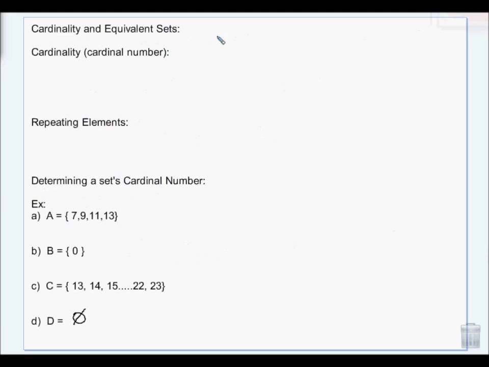Basically, that's the number of elements in a set. Okay, and we indicate cardinality. If I wanted to say the cardinality of set A, it would go like this, and then I would have some number, like if set A has 10 elements in it, the cardinality of A is 10.